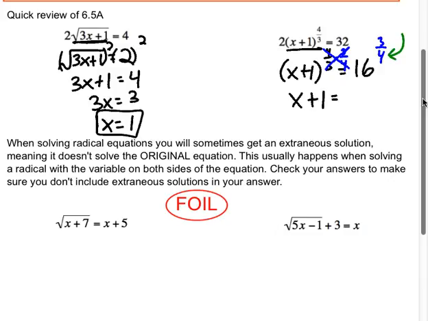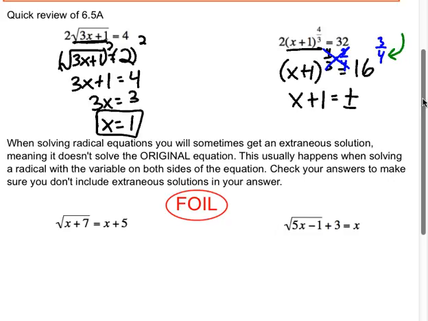The power that I'm using is basically a root, an even root on the bottom, right? So whenever I have that even on the bottom, it means I'm going to need a plus or minus, okay?